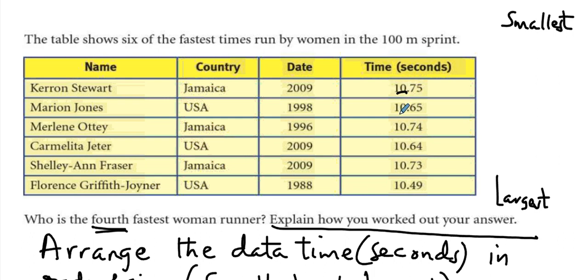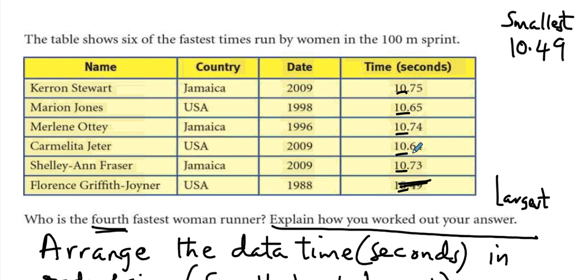The first number is 10 in every case, so you can't tell. 10 point. Let us go to the second digit. 10.7, 10.6, 10.7, 10.6, 10.7, 10.4. So the smallest is 10.49. The next smallest, then 10.7, 10.6.